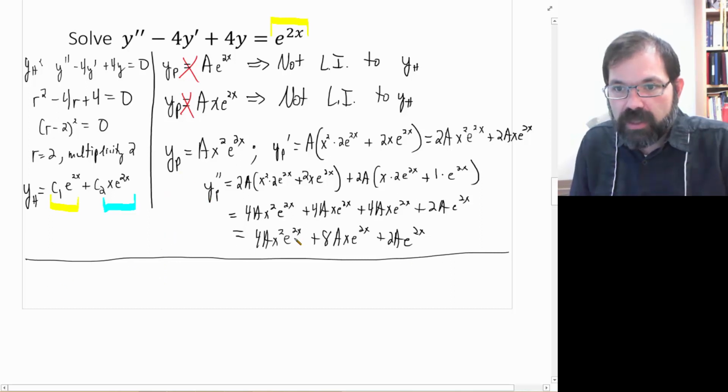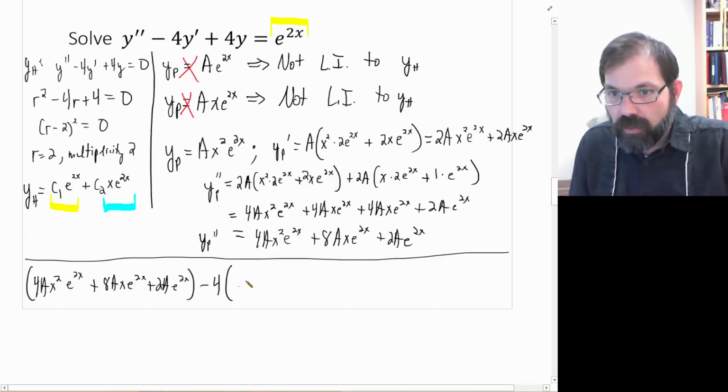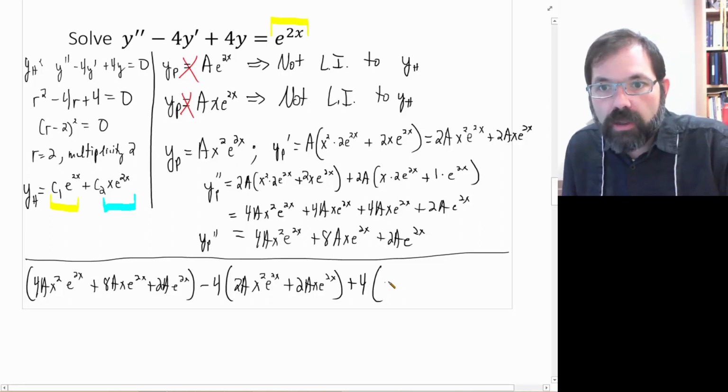All right, so substituting the yp double prime, which was this. So let's see, I've got 4a x squared e to the 2x plus 8a x e to the 2x plus 2a e to the 2x minus 4y prime, and y prime was 2a x squared e to the 2x plus 2ax e to the 2x, plus 4y, and y was ax squared e to the 2x.